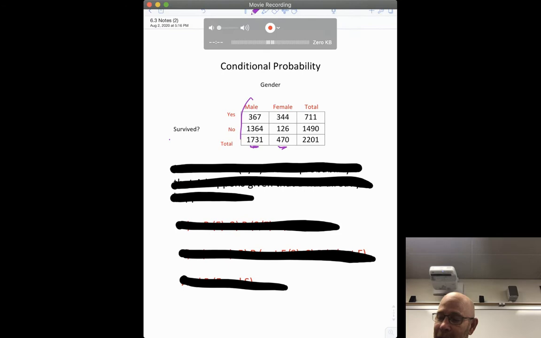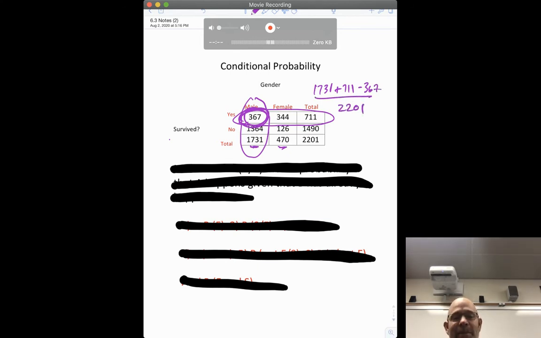You would do the males, which are the 1731, or survived, which is 711. But then we want to subtract the overlap again. There's that overlap, right? That 367. So we're going to subtract the 367, all out of the total amount of people on the ship, which is 2201. I'm going to leave the computations for you. But that's a quick reminder of what we can do from yesterday, or the last lesson.